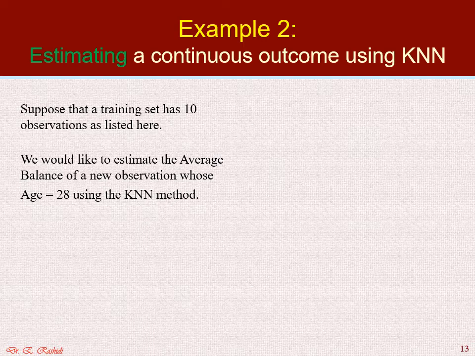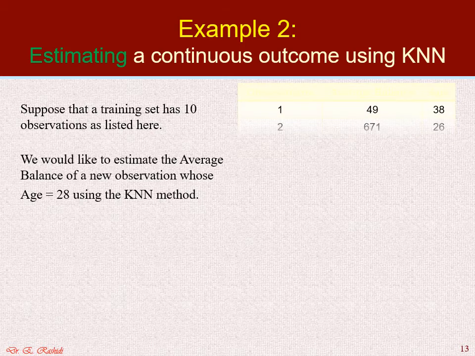So we would like to estimate the average balance. That's our target variable now. It's a continuous variable. Based on the feature variable age, we want to make a prediction on the average balance. So we have a new observation. His age is 28. We want to use KNN to make a prediction on his average balance.